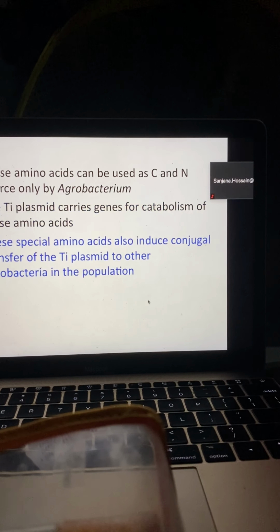So these amino acids that are produced are also involved in transferring the Ti plasmid to other bacteria. Okay, so the bacteria are very smart because in nature, not all of the Agrobacterium tumefaciens population contains the Ti plasmid.